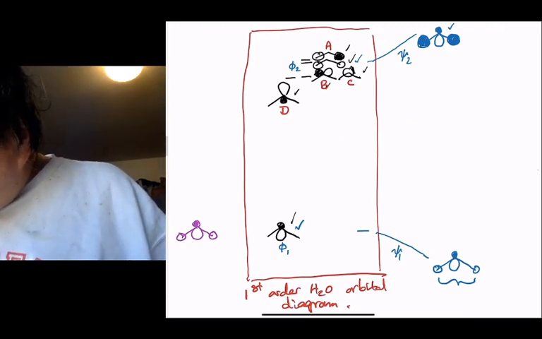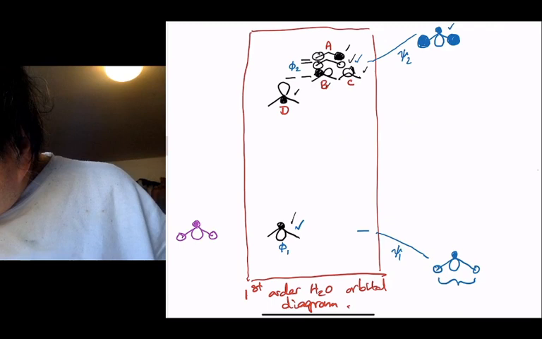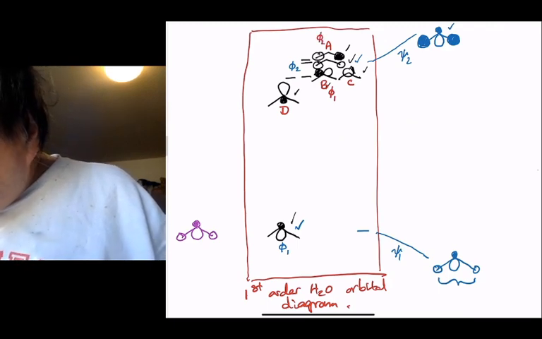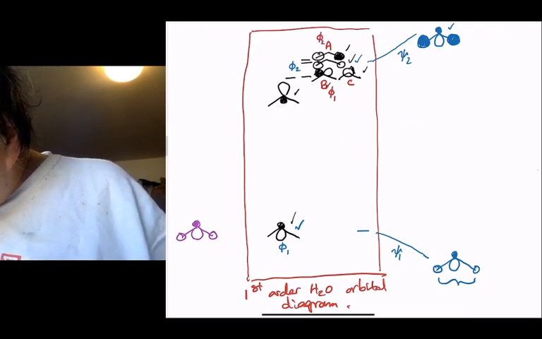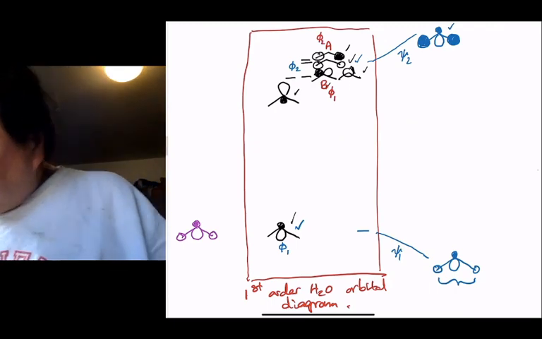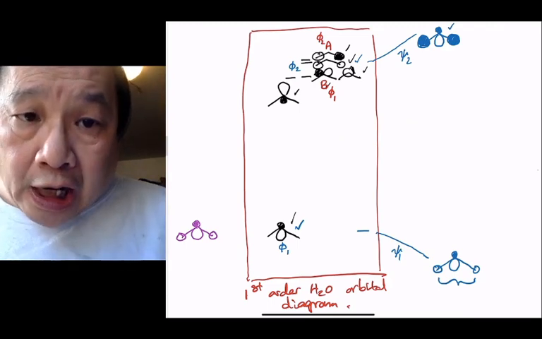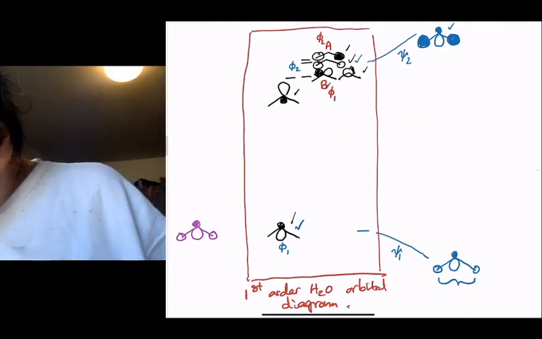So I'll call this one phi 1, and I'll call B, A, phi 2. Those are the two I'm mixing. And now put in chat, is the bonding combination psi 1 or psi 2?